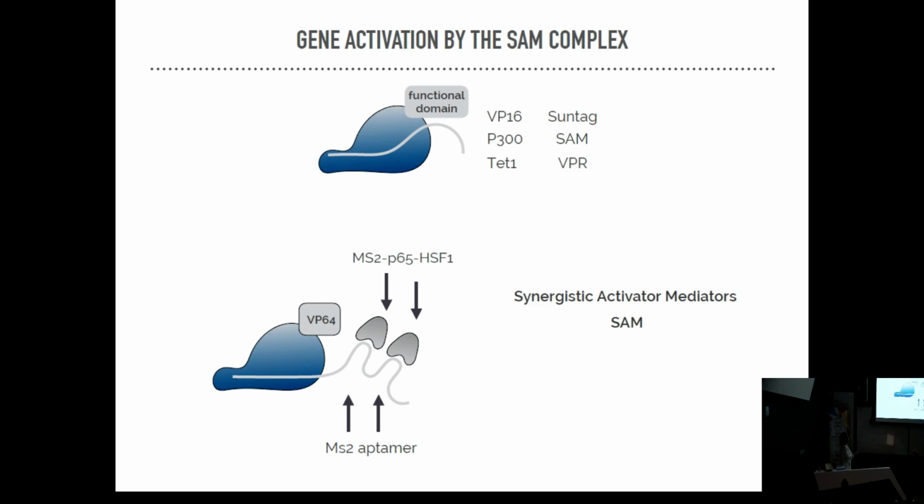And then you take advantage of an aptamer in your guide RNA, which can bind this fusion protein, because this part of the protein is going to interact with the aptamer. So you amplify the activation of your gene of interest, mediated by the synergy of those molecules.